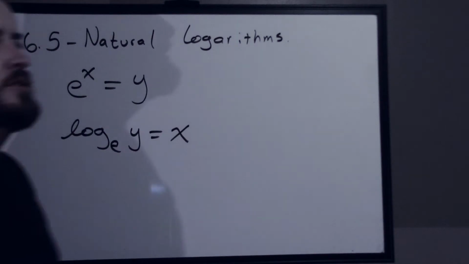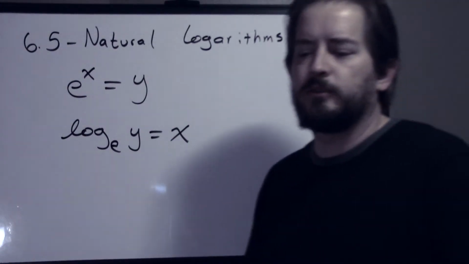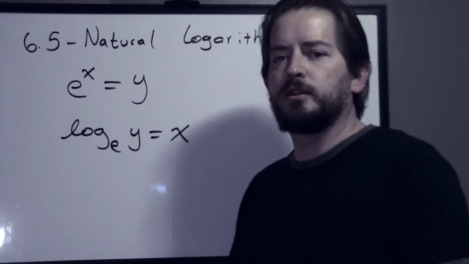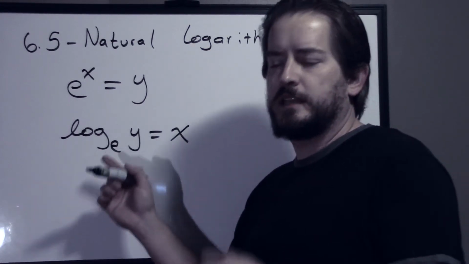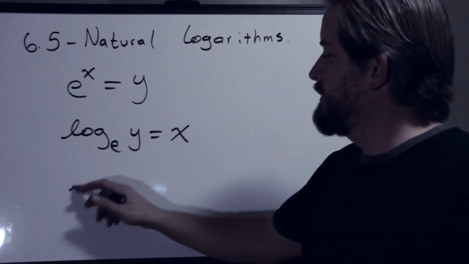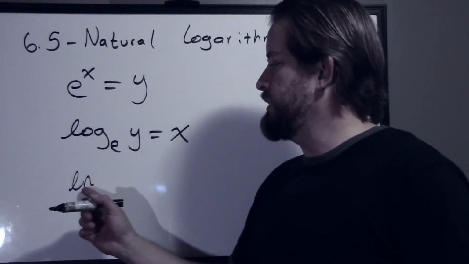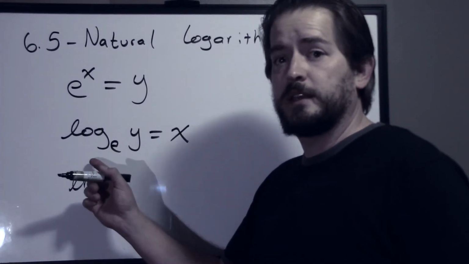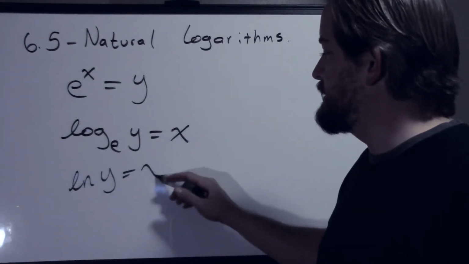And mathematicians, historically lazy, we hate to write the same thing over and over and over again. So instead of these four characters, log base e, we shorten this down to just ln. So instead of writing log base e, we just write ln for the log base e. So I would have ln y equals x.